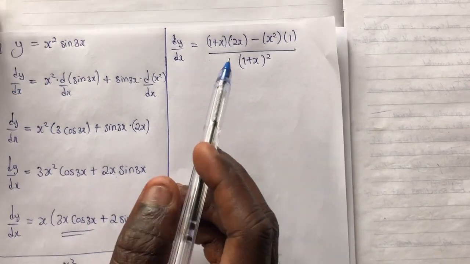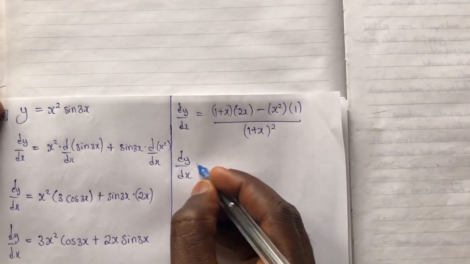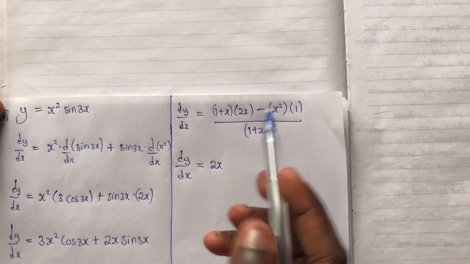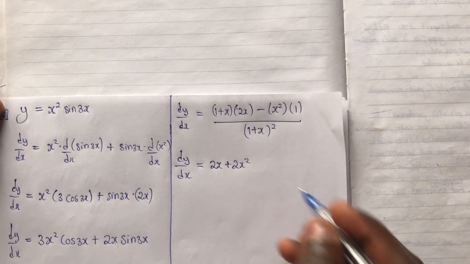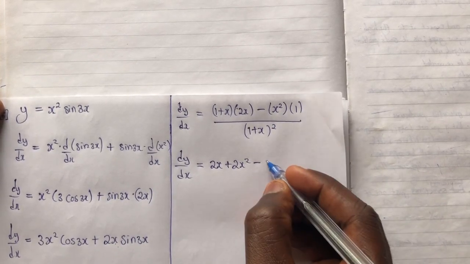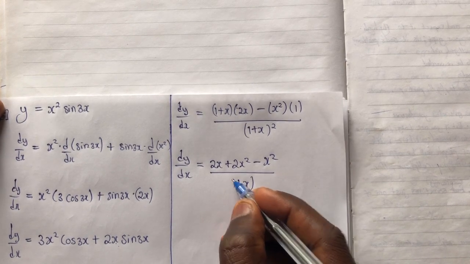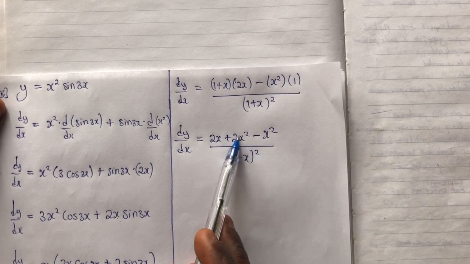We can now expand this side. So we have dy dx being equal to, this time this will give us 2x, this time this will give us plus 2x squared, minus this time this will give us x squared all over 1 plus x all squared. So from here we can see this and this is common.